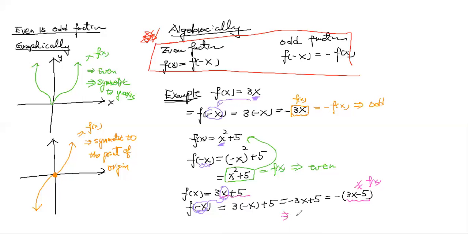So is it even or odd? Neither, because I cannot match. I know f of negative x is not equal to negative f of x, and also f of negative x is not equal to f of x. That's why it's neither.